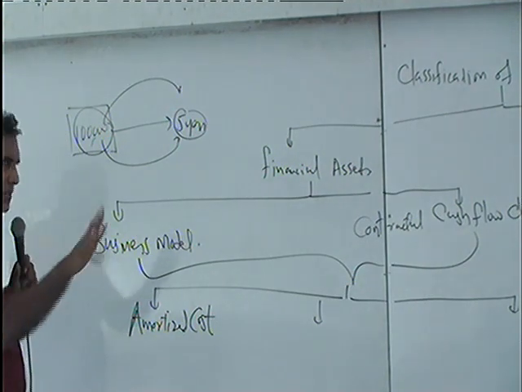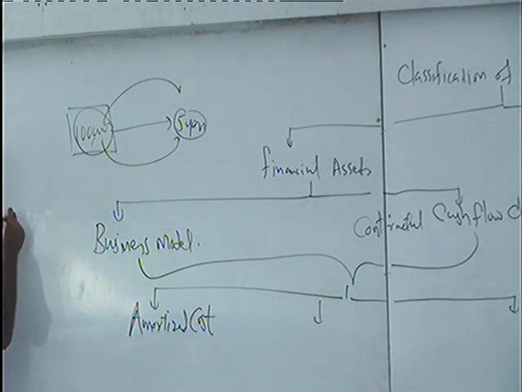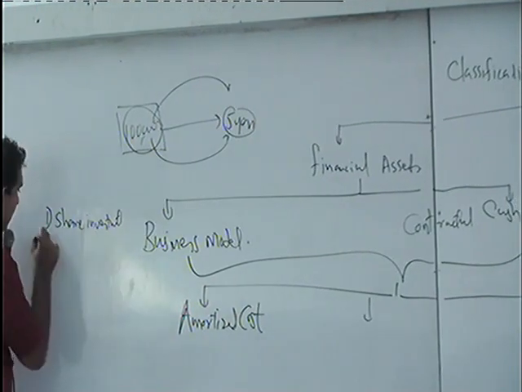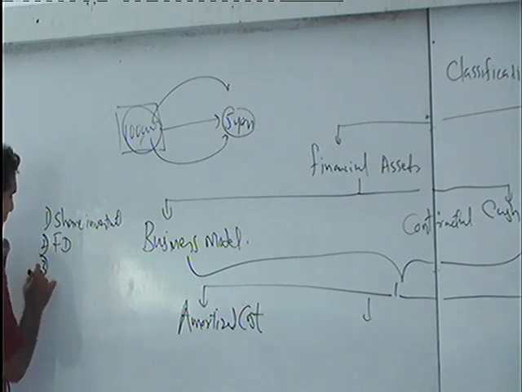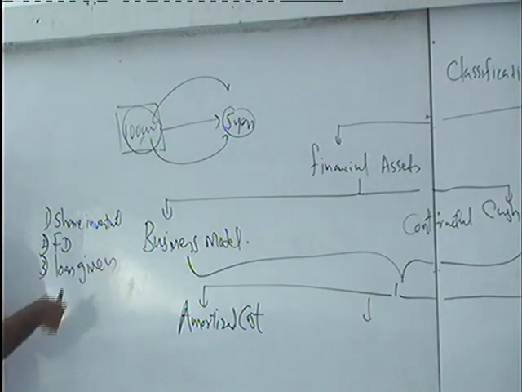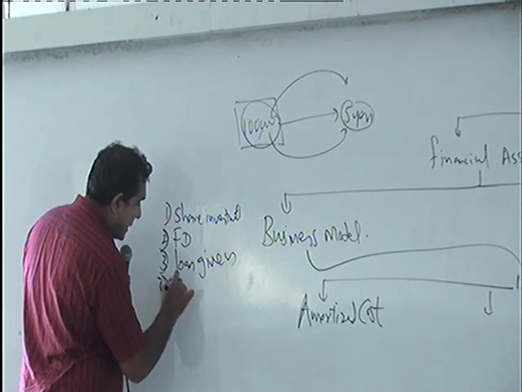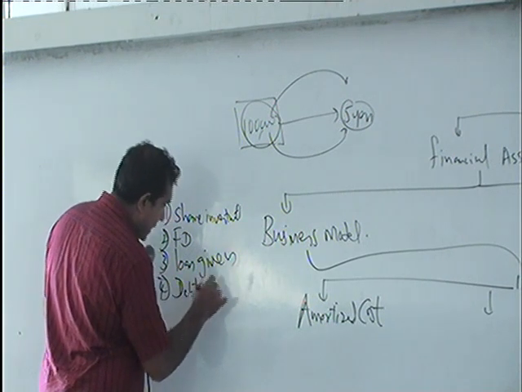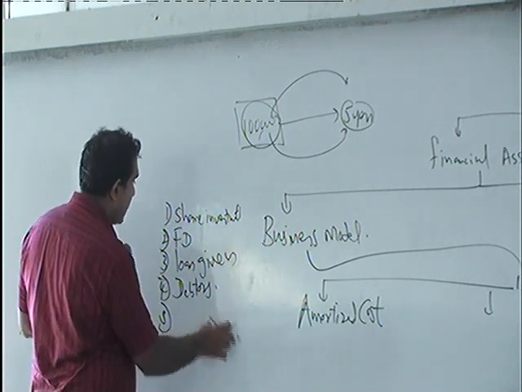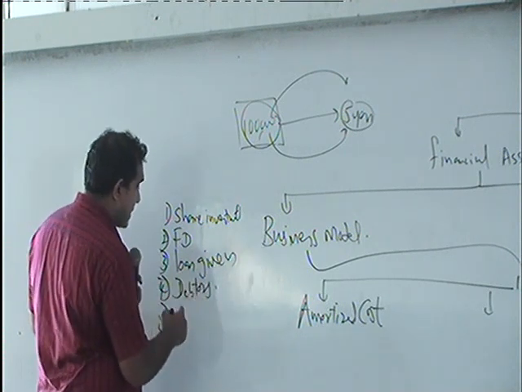Before classification, I would like to mention examples of financial assets. Let's say share investment. Second one, FD. Third one, loan given, maybe to staff. Fourth one, debtors. Fifth one, loan given to outside, we can say staff loan.